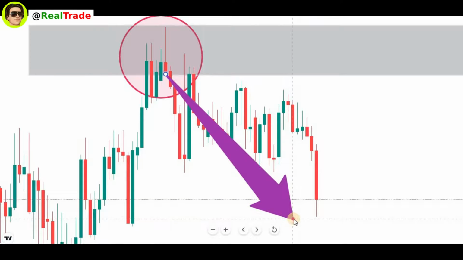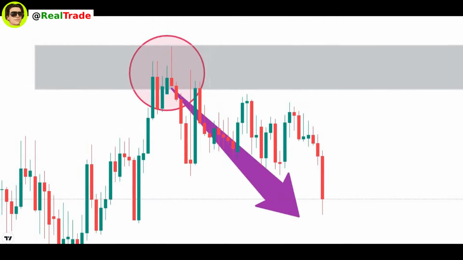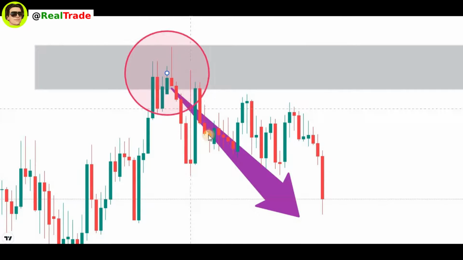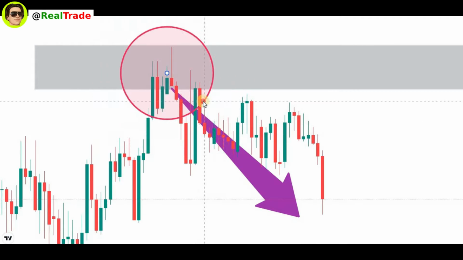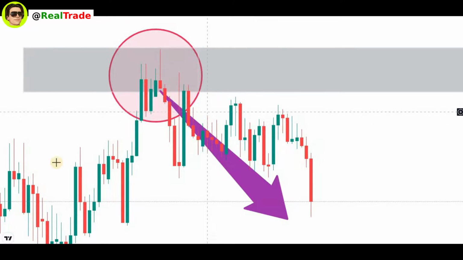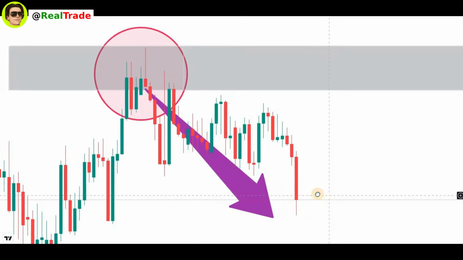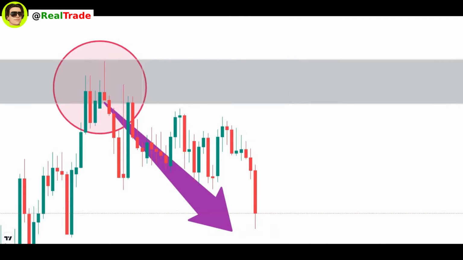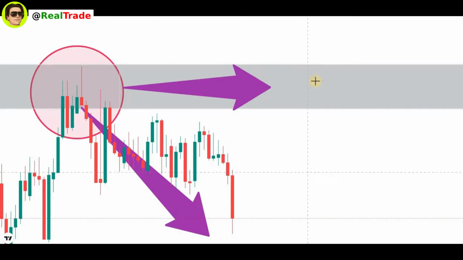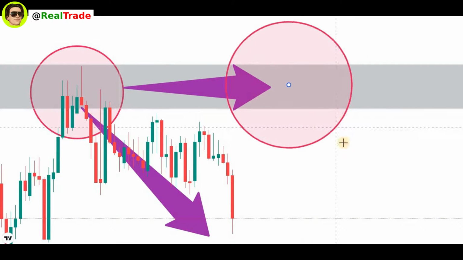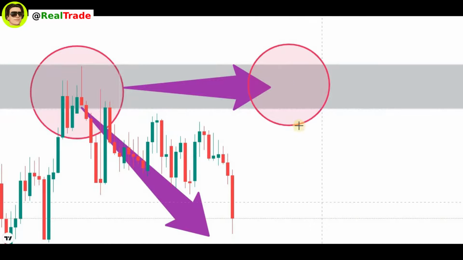This zone is local resistance. Yes, continue. Continue. I wait return price on local resistance. This area on the local resistance.